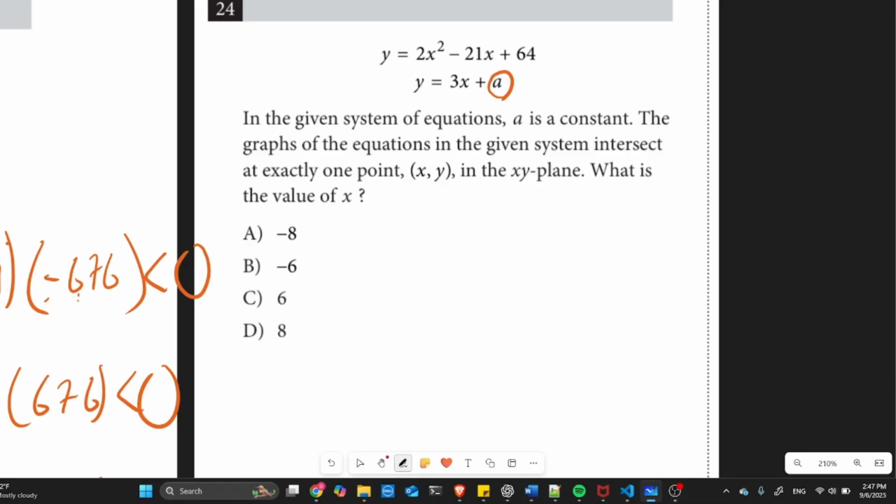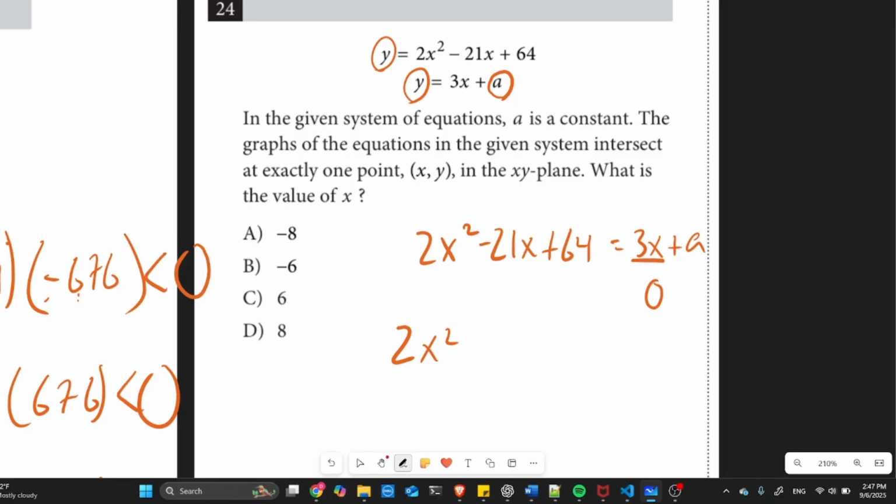So, because they're both equal to y, we can set them equal to each other. 3x plus a, right? And then we're gonna set it equal to 0. We need to set it equal to 0 because that's how you solve quadratics. Okay, 2x squared, and then I'm gonna subtract the 3x, minus 24x, right? So plus 64 minus a is equal to 0.